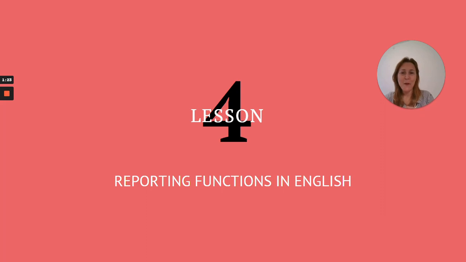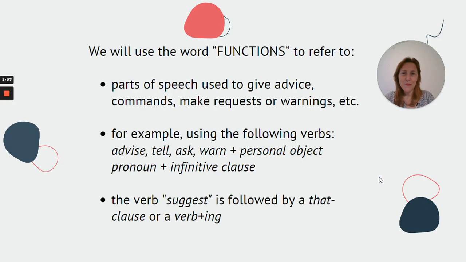Welcome to lesson 4, reporting functions in English. We will use the word functions to refer to parts of speech used to give advice, commands, make requests or warnings, also suggestions.